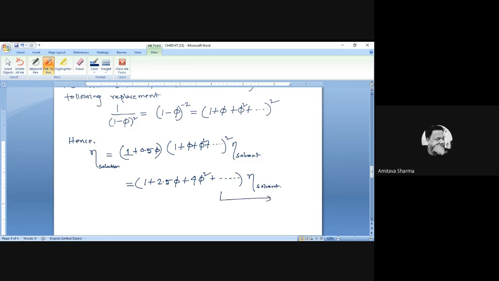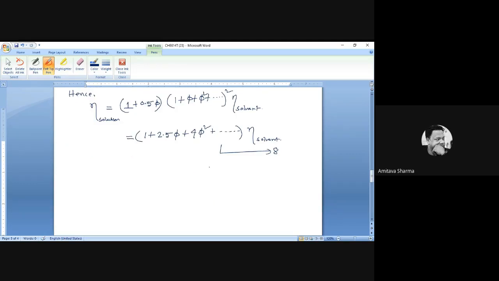This is equation 8, this equation 8 that I have.